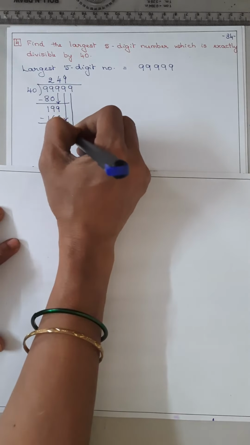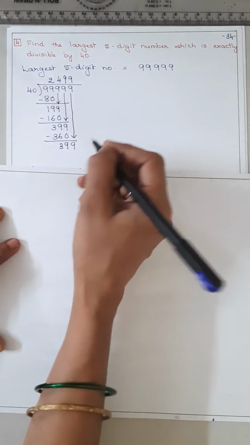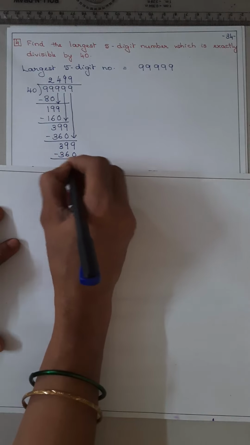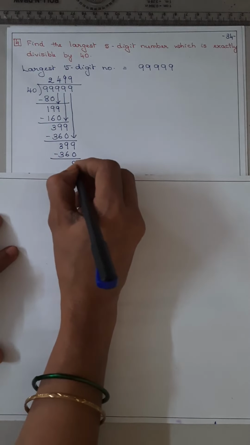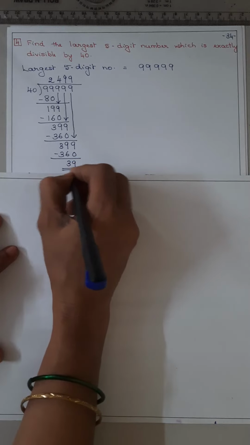Again bring this 9 down. Again it will be 9. 9 4s are 36. You got 9, and 9 minus 6 is 3.